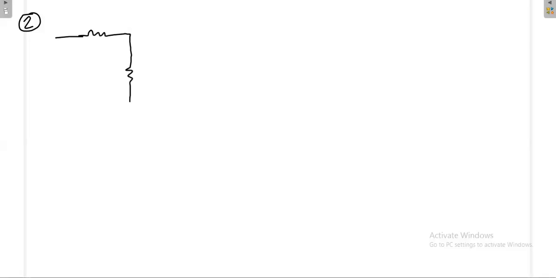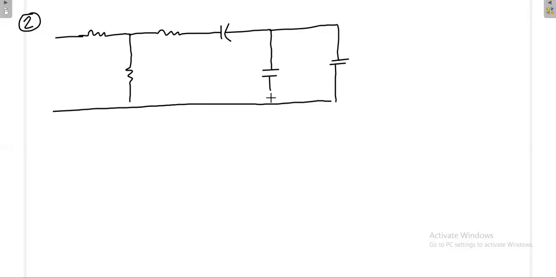Okay, so next problem. 10 u of t volt means this voltage source will be active after t is equal to 0.